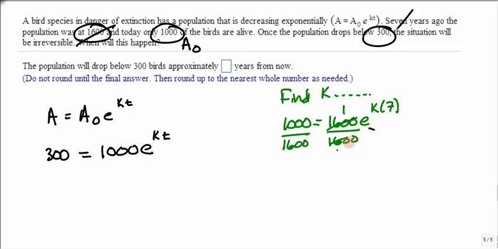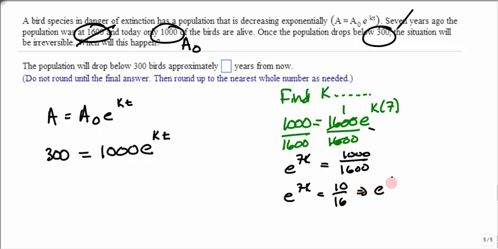So I have e to the 7k, putting my variable on the left, equals 1,000 over 1,600. Well, if I divide both sides through by 100, top and bottom, I'd have 10 over 16. 10 over 16 reduced to 5 over 8.